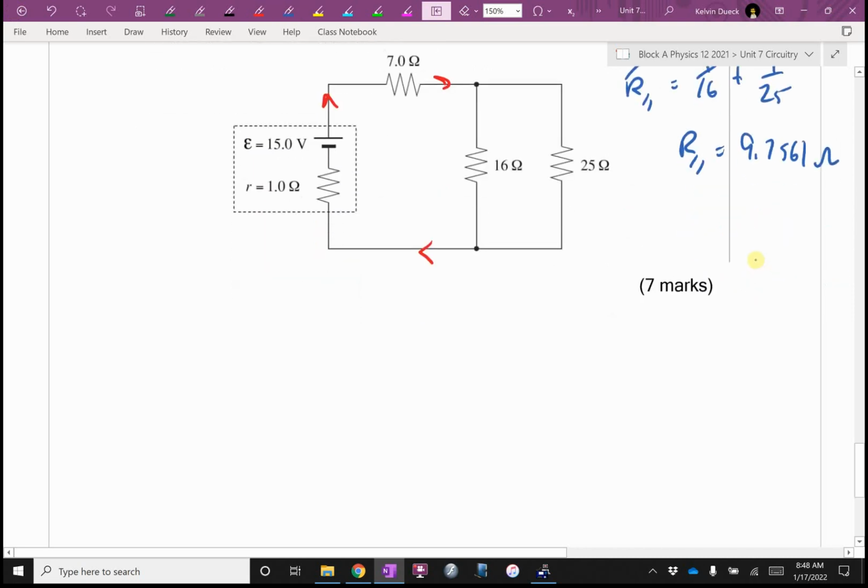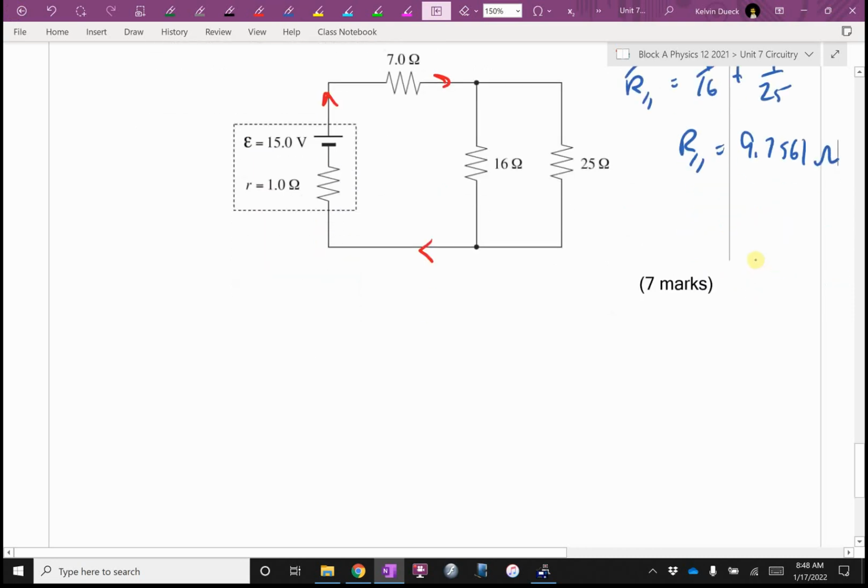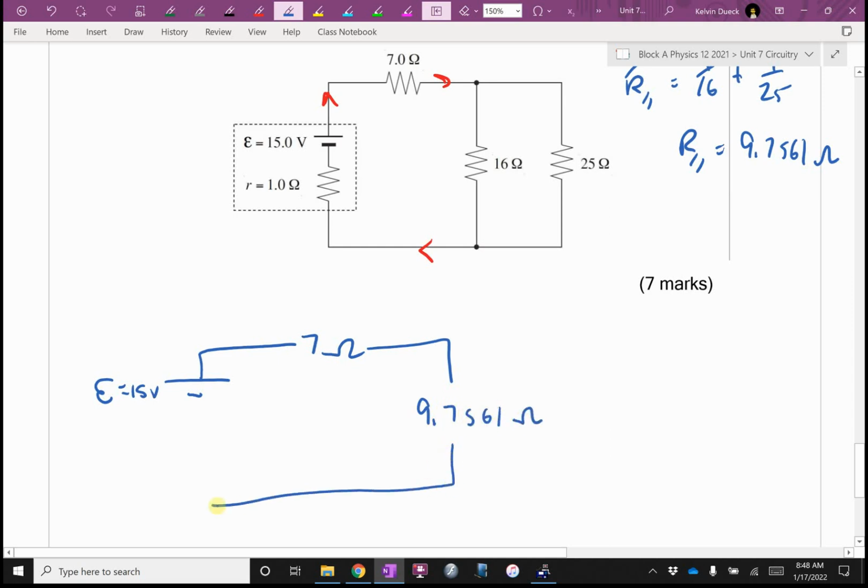ohms. So really now this circuit becomes a 15-volt battery, a 7 ohm resistor, a 9.7561 ohm resistor, and a little 1 ohm resistor, and that's the internal resistor.